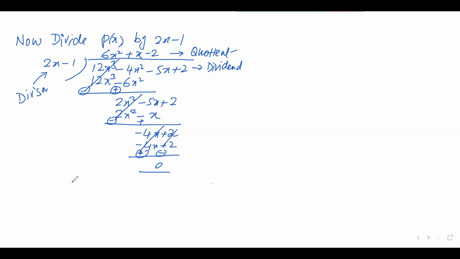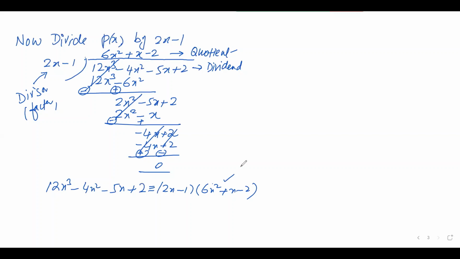So I can write the dividend 12x cube minus 4x squared minus 5x plus 2 is identical to the divisor, which is the factor in this case, multiplied by the quotient, which is 6x squared plus x minus 2, and remainder is 0. So this is a quadratic polynomial. This can be factorized.